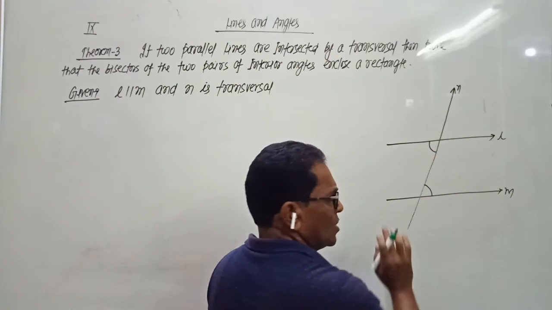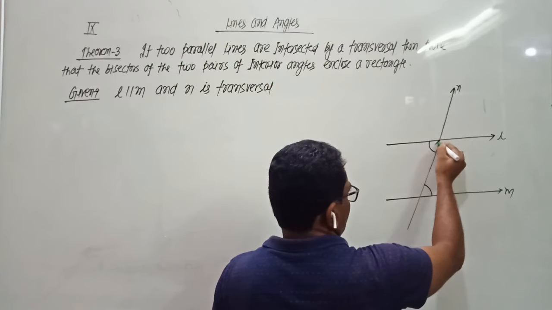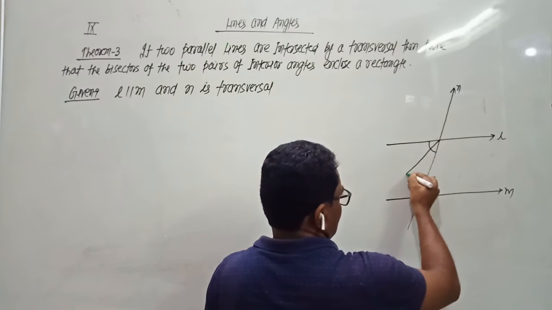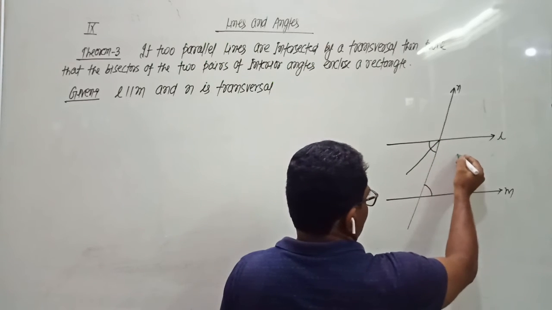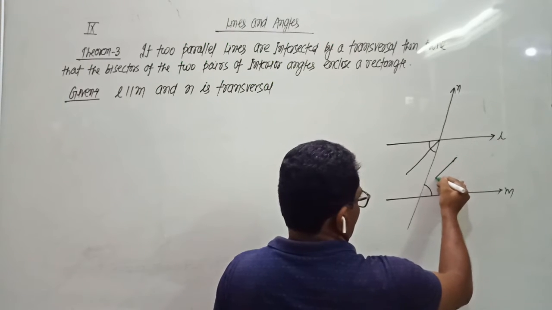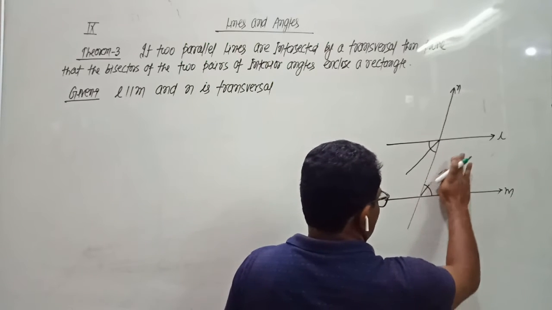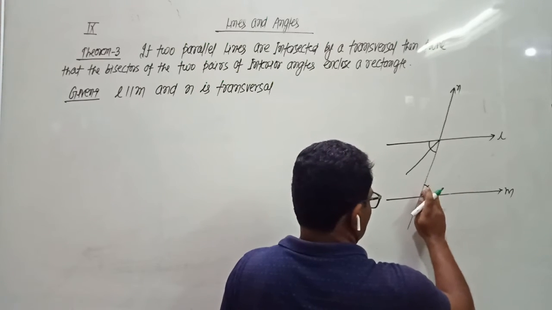This and this are also a pair of interior angles. So this is the bisector, and these are the two bisectors.